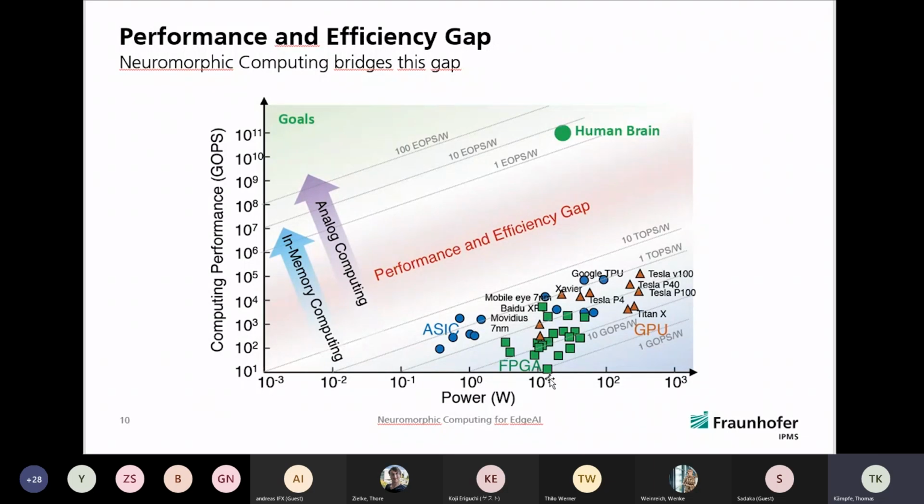Still, the power efficiency of these systems compared to what the human brain can do is orders of magnitude away. What we try to do is bridge this gap with in-memory computing and analog computing implementations and other features which are implemented in neuromorphic computing, which I will discuss a bit later.